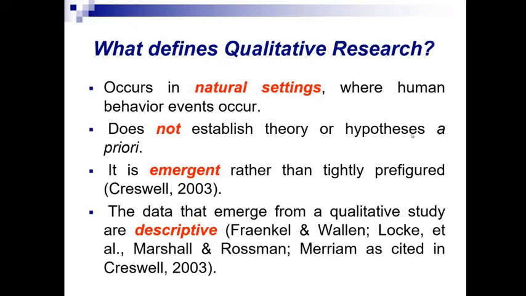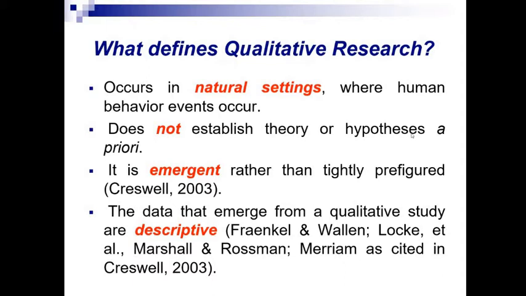Also, in qualitative research, we do not establish theory or hypothesis a priori. Okay, so ibig sabihin, in qualitative research, there is no need for you to come up with a theoretical framework, though some may actually use a theoretical lens, but it's not always necessarily needed.